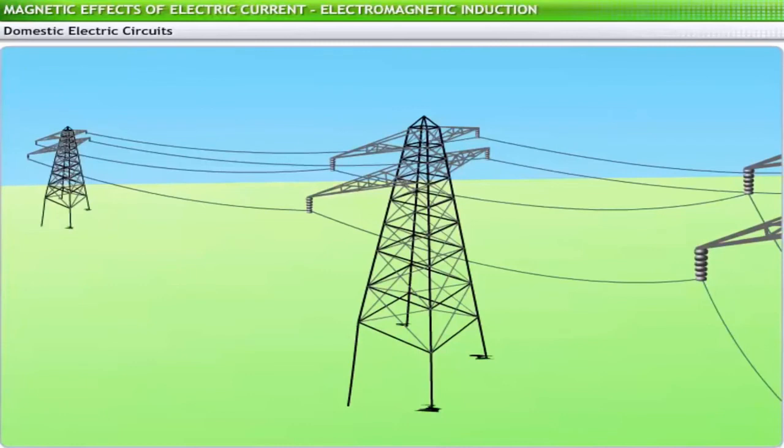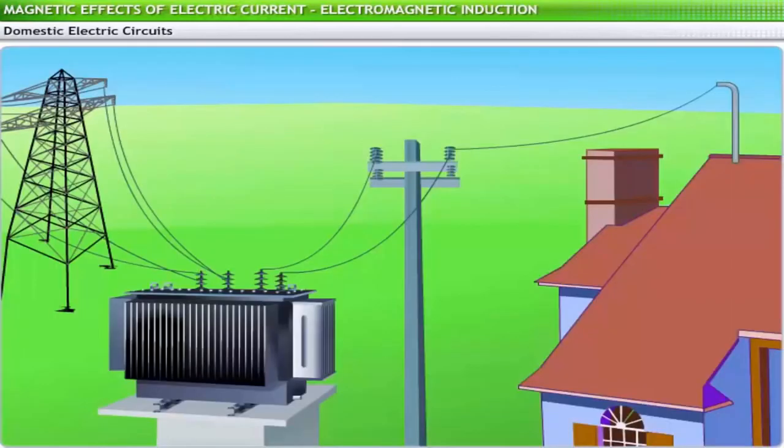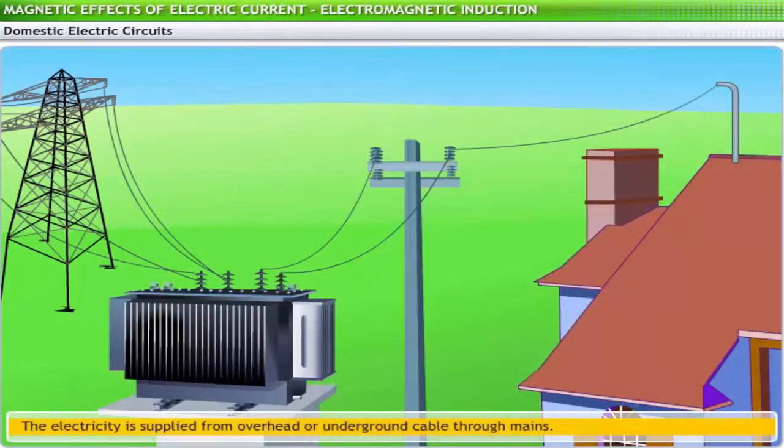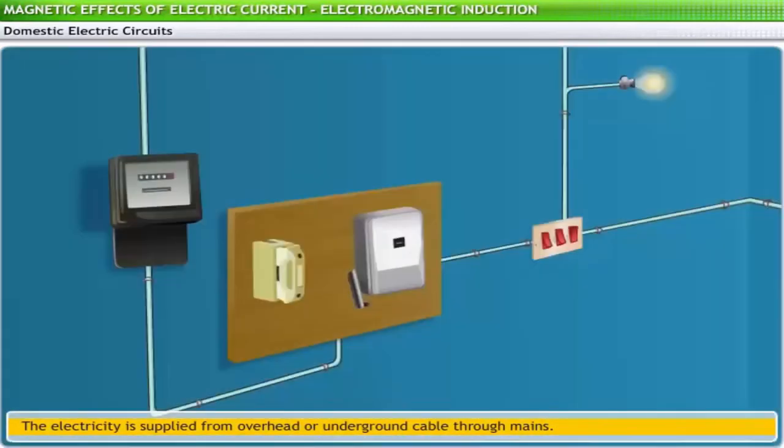Let's see how electricity is distributed through domestic electric circuits. A network of overhead or underground cables brings power to our homes. Domestic electric circuits are connected to this network through mains supply cables, commonly known as mains.